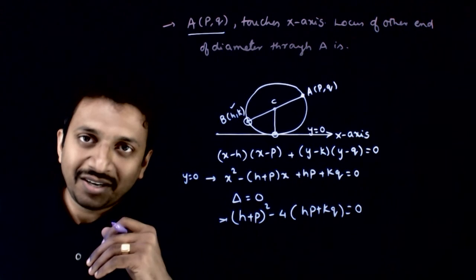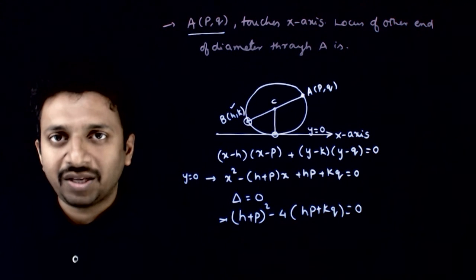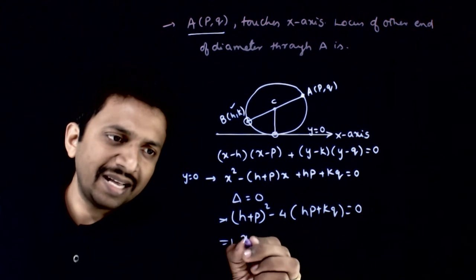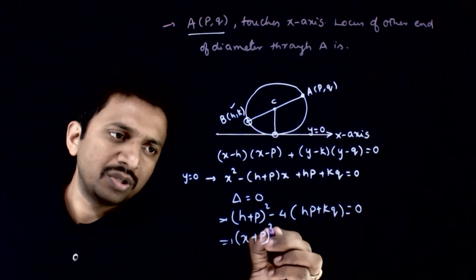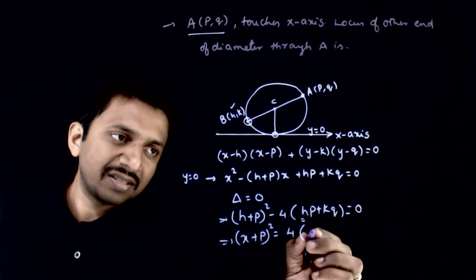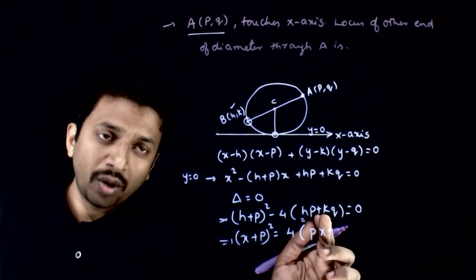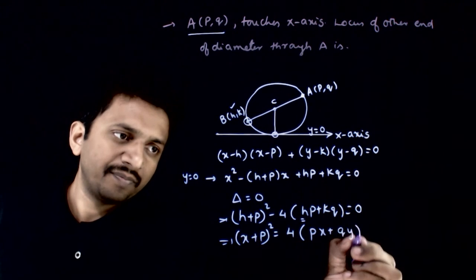Now once you have the condition on h and k, you just need to put x in the place of h and y in the place of k. So this implies (x plus p) whole squared is equal to 4 times (px plus qy).